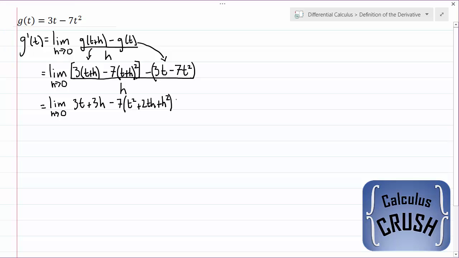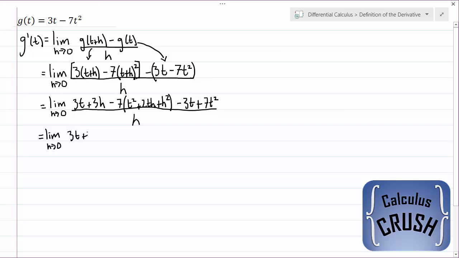Close the bracket. And now we just distribute the minus sign here. Minus 3t plus 7t squared. So we're getting quite a few terms here, all divided by h. So this is the limit as h approaches 0.